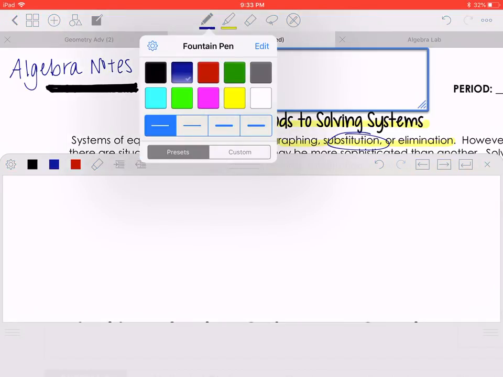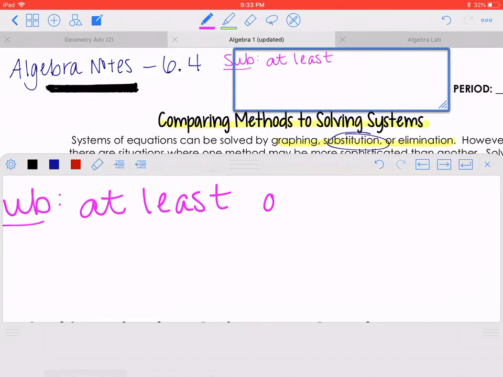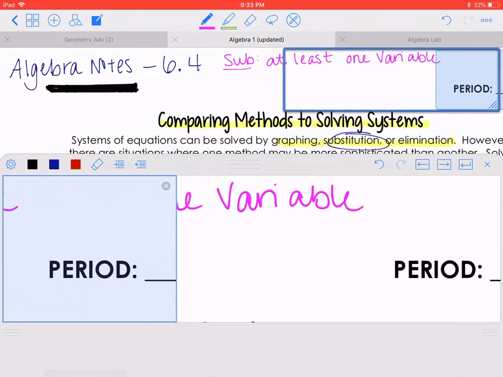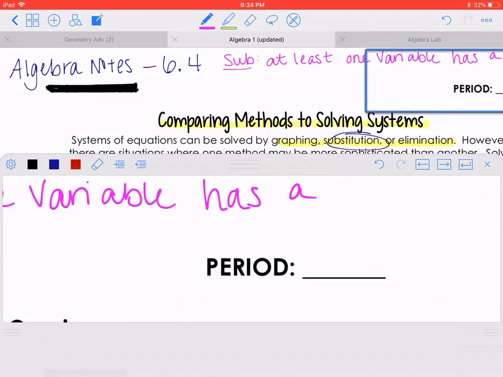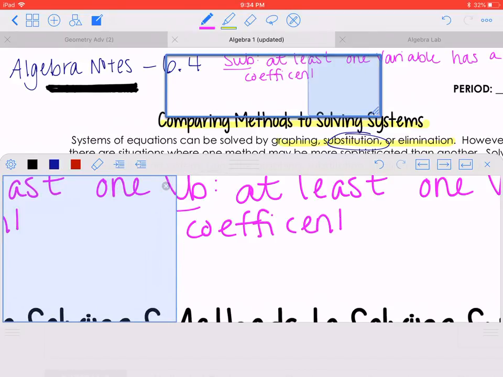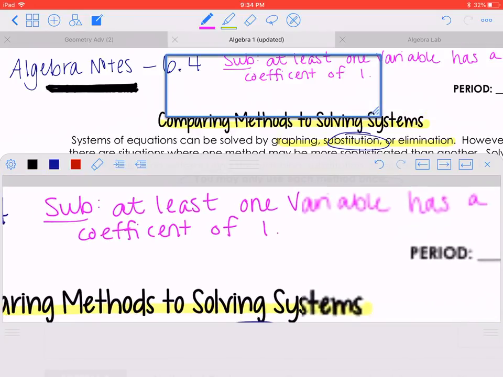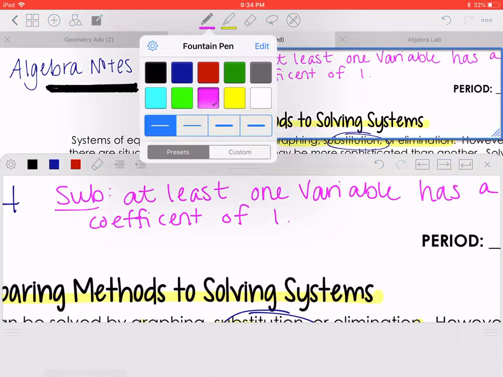If we're going to choose substitution, I am going to look for at least one variable that has a coefficient of 1. Because remember, you want to get a variable by itself if you're going to use substitution. So that's going to be the easiest way to use substitution, if you already have a variable with a coefficient of 1.